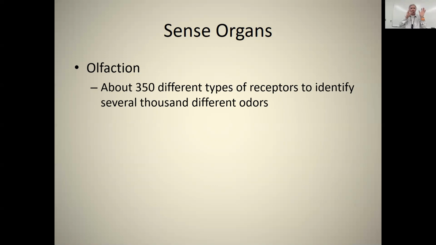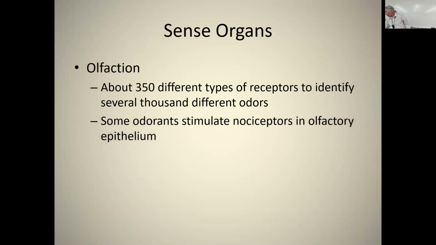So now we've got a different array of odor receptors that are responding in different ways with different frequencies to give us all these different thousands of smells, but only using about 350 different types of receptors. Some odors stimulate nociceptors. You can breathe in some things like capsaicin that can really cause pain in your olfactory epithelium, so there are nociceptors there also.